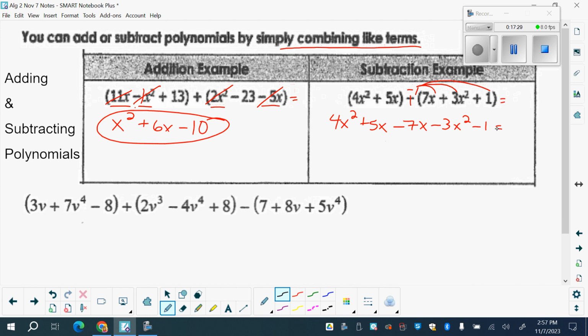There's a tendency, if you try to do that in your head, to make mistakes. And now we're going to add our like terms and go from highest to lowest, putting it in standard form. So how many x squareds do we have? 1x squared. Does that make sense? And then how many x's? -2x. We're adding the numbers in the front. And then -1.